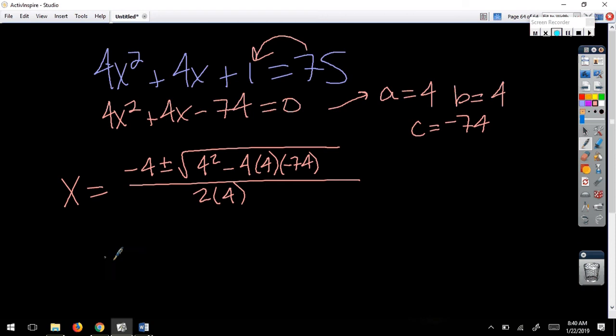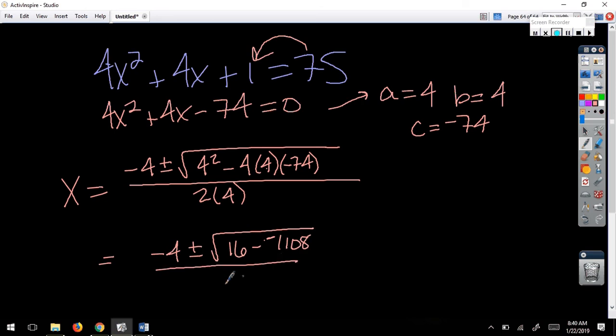So if I work under that first, I get negative 4 plus or minus the square root of 16 minus, what's 4 times negative 74? 1,184.